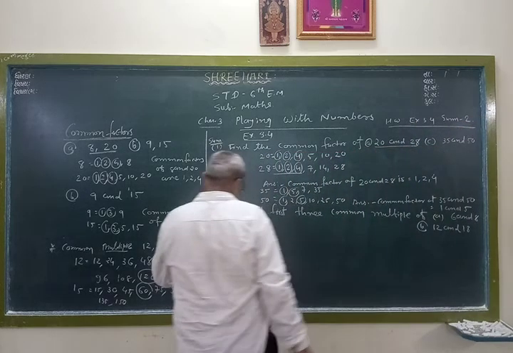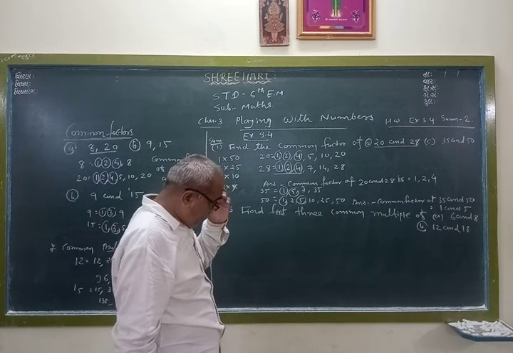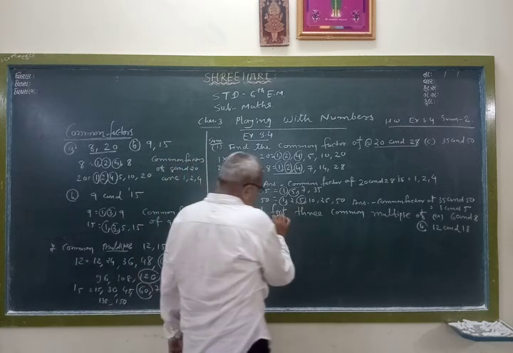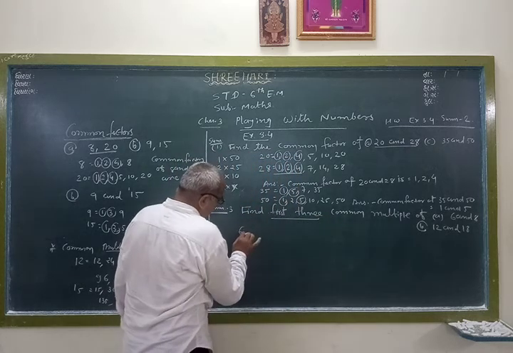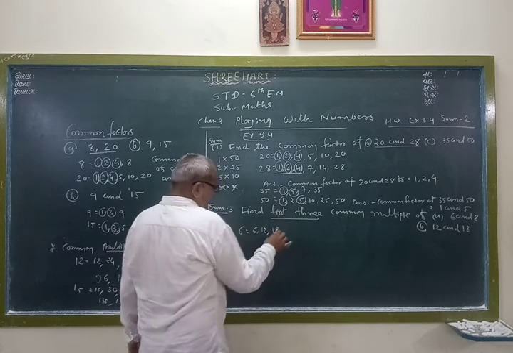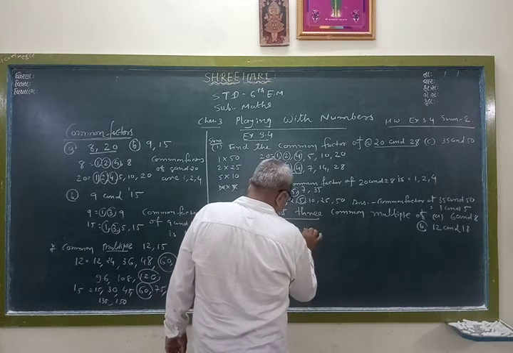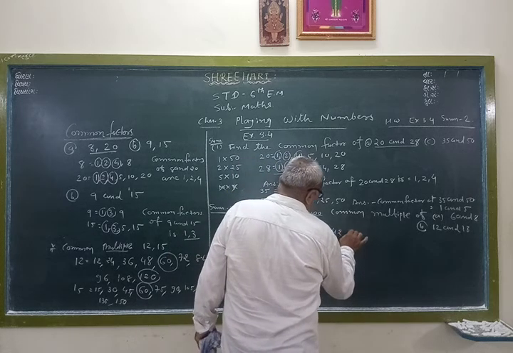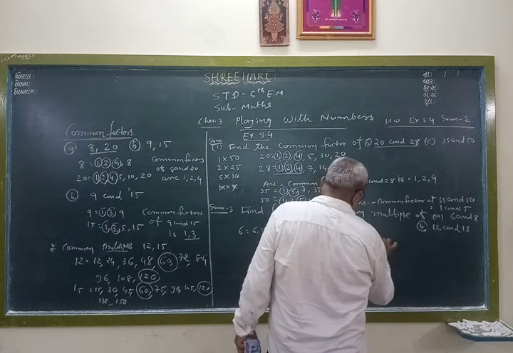Now sum number 3. Find the first 3 common multiples of 6 and 8. First 6 and 8. How many first multiples? So first 3 multiples. So we have to write the table of 6. So 6, 6 2s are 12, 18, 24, 30, 36, 42, 48, 54 and 60.